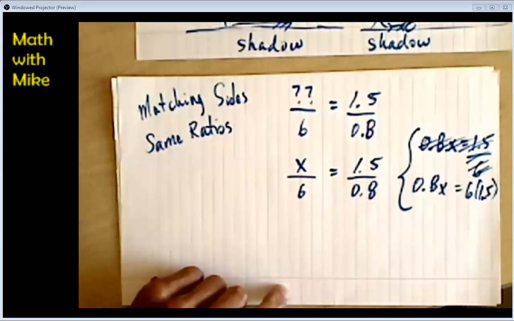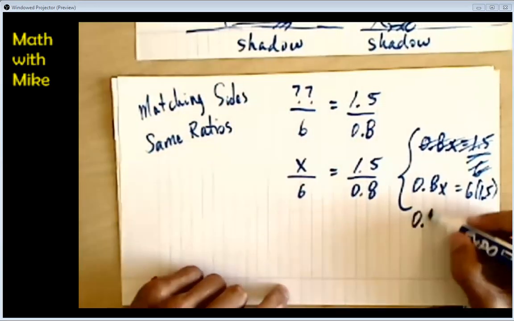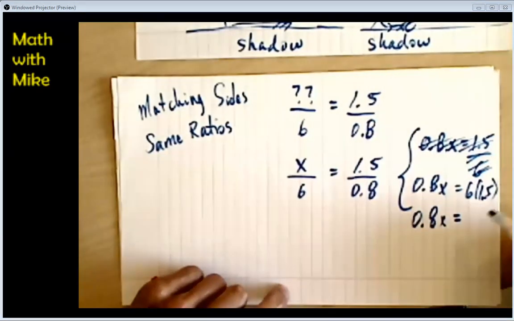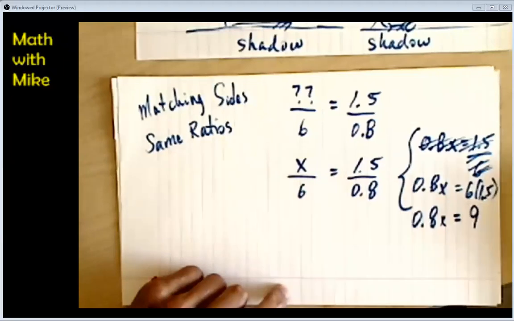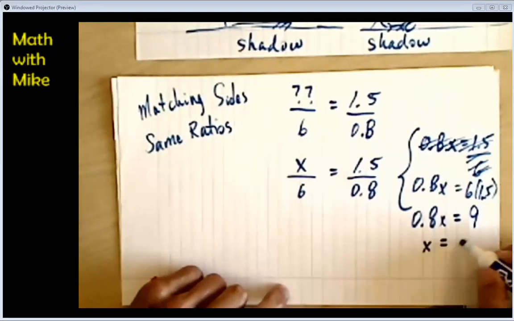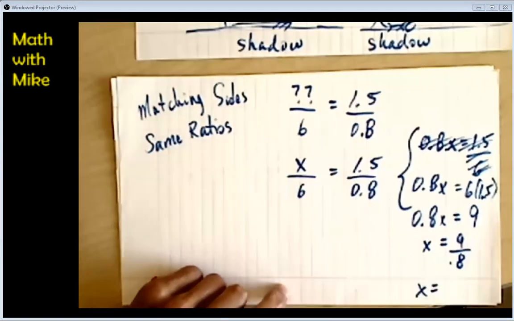That's better. Okay. So working it out like this. What's 6 times 1.5? 9. 9 it is. Yep. That's true. And so you can get a final answer for this one.